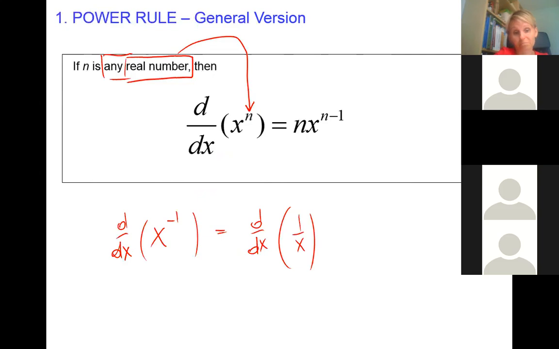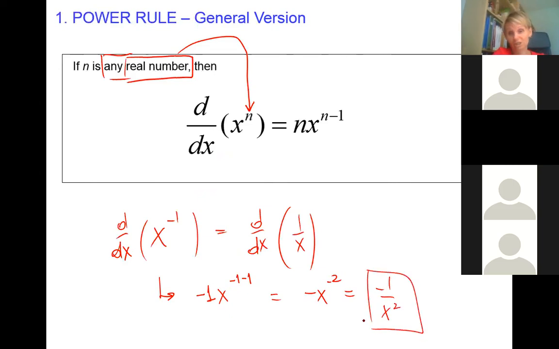Please remember. Let's actually find the derivative. -1 will be placed in front, and from -1 I have to subtract another 1, which gives -2, and rewriting without the negative exponent, I have -1 over x squared. That's the derivative of the function x to the -1.